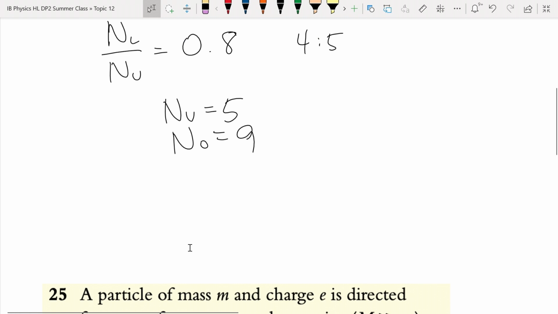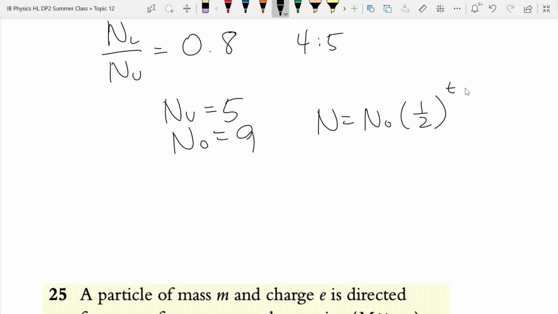And the easy way is not to use the e-based, natural log-based equation. We can just use the normal equation, which is N equals the initial number times 1/2 to the power of t divided by the half-life. We don't need any of the other variables. You just need to find the time.